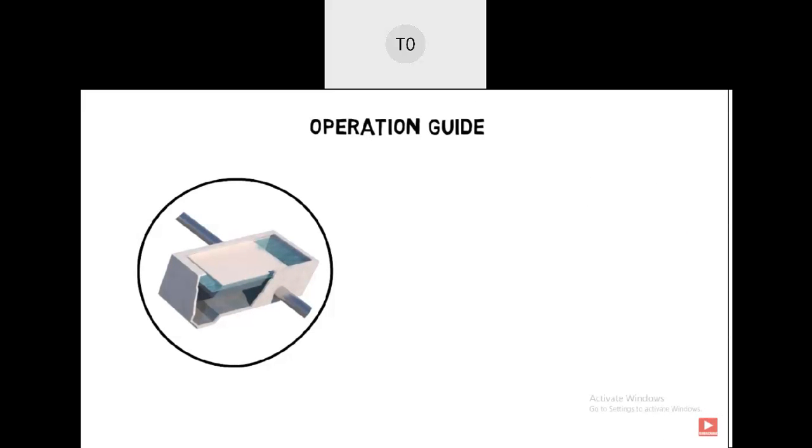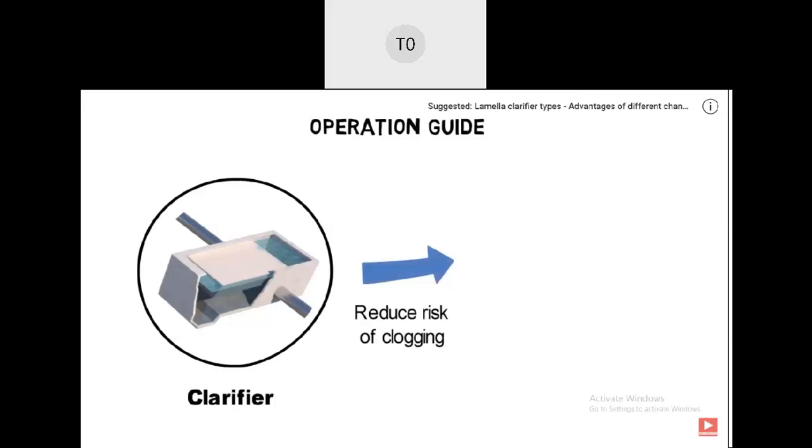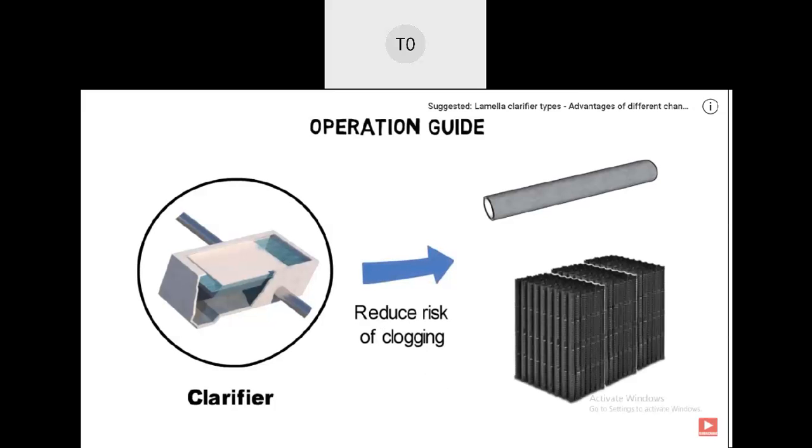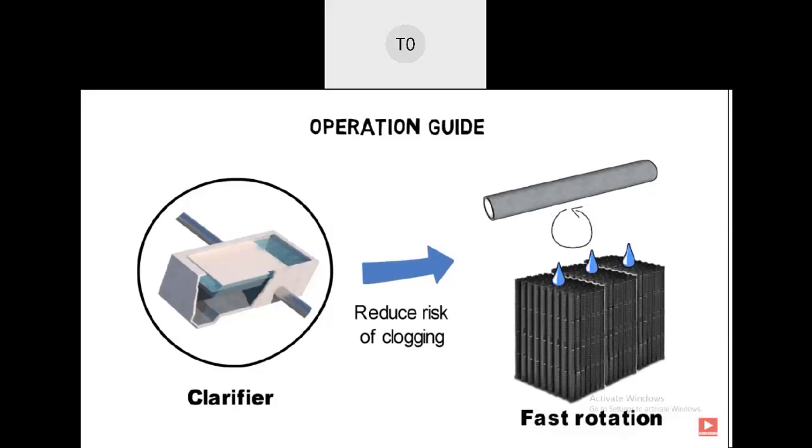In order to avoid clogging, a primary sedimentation process precedes the trickling filter. Also, the design of the rotary distributor has a high impact on the risk of clogging. The rotation velocity of the rotary distributor can be changed by either adjusting the incoming water flow or by using an electrical motor.